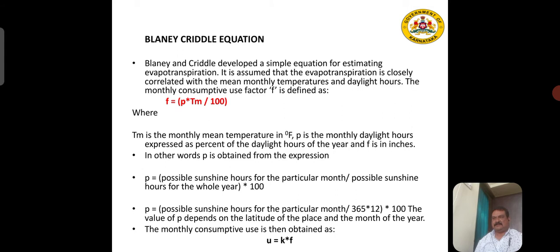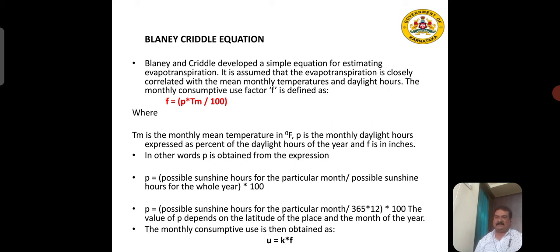Blaney-Criddle equation. The monthly consumptive use factor F is defined as F is equal to P into Tm divided by 100. So Blaney and Criddle developed a simple equation for estimating the evapotranspiration. It assumed that evapotranspiration is closely correlated with the mean monthly temperature and daylight hours.